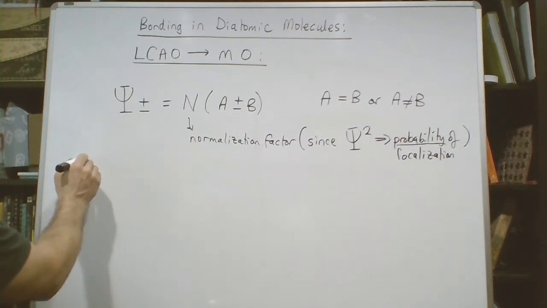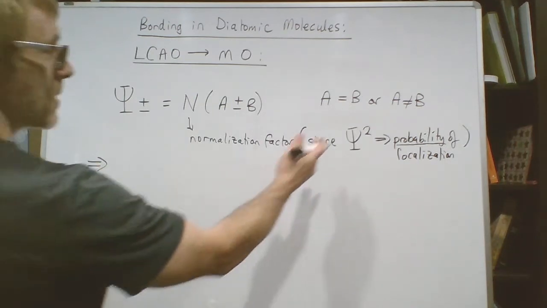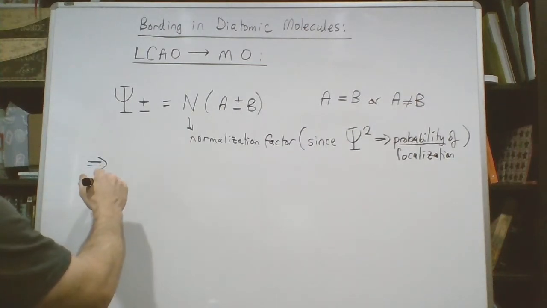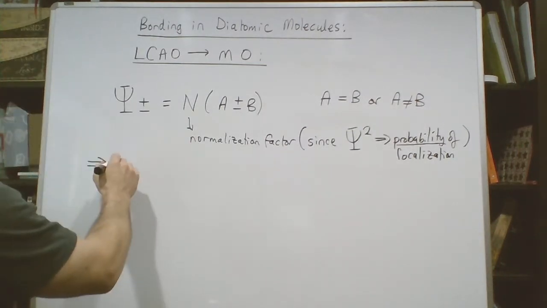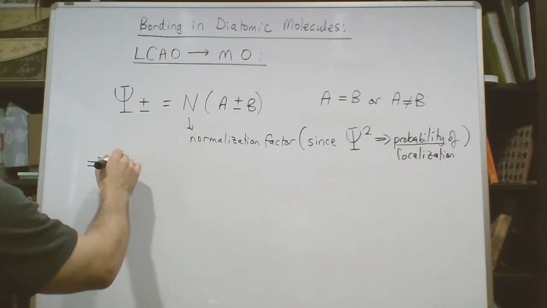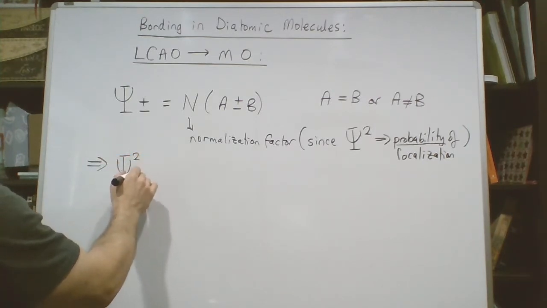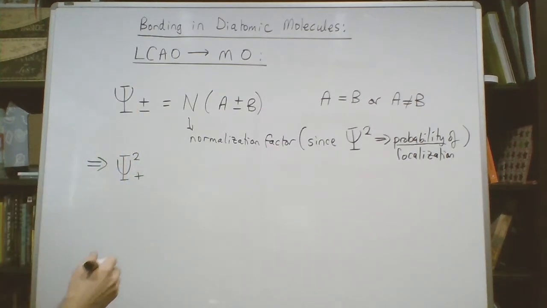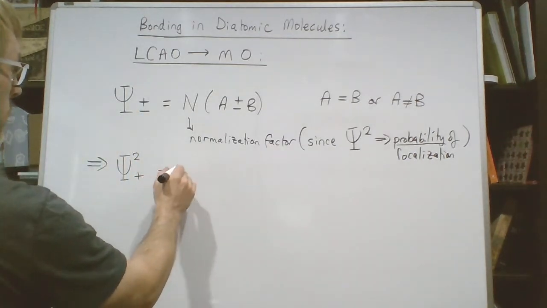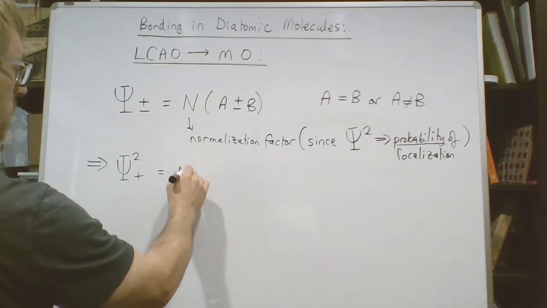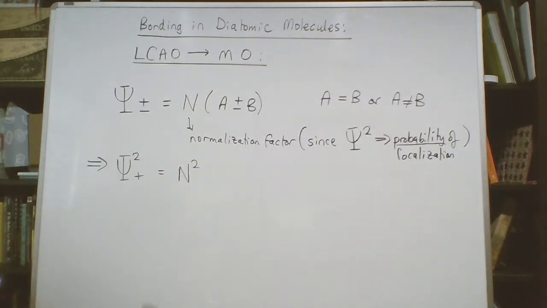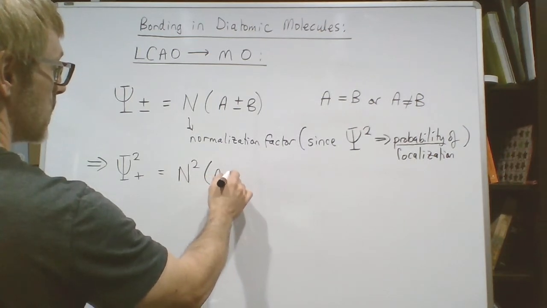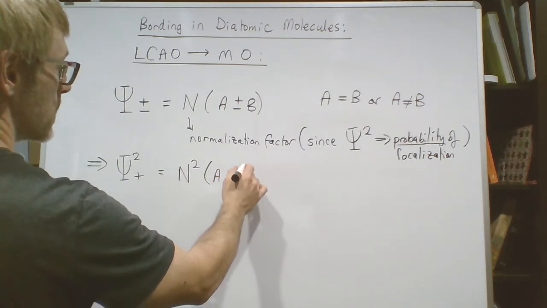Okay, so seeing as we're going to take the psi squared, if we take the plus case, then we have the square of the normalization factor, N squared, and then we have the square of this bracket, which is just (a plus b) squared.